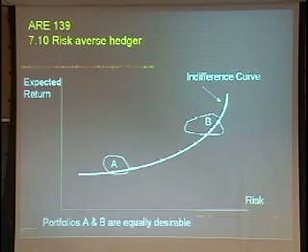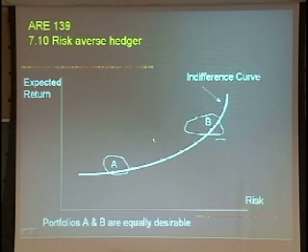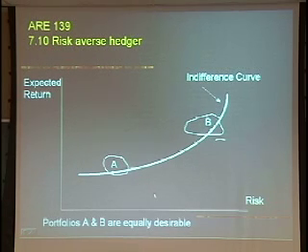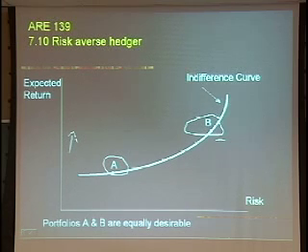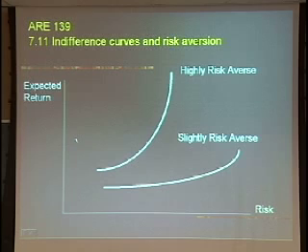As the risk goes up, that's something that you don't desire. But in order for you to take on that additional risk, to hold B versus A, you would clearly demand a higher return. So you demand an increase in this direction. So that indifference curve just captures the characteristics that a risk-averse investor or hedger would hold.